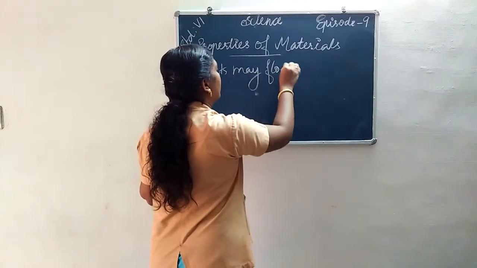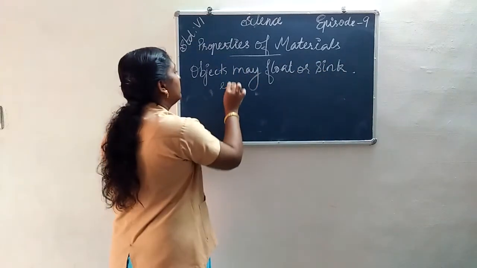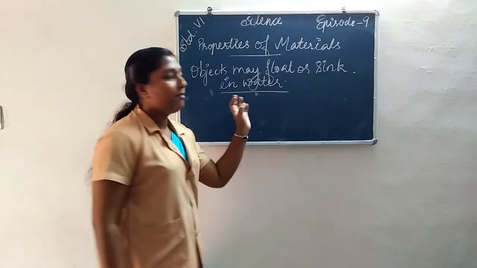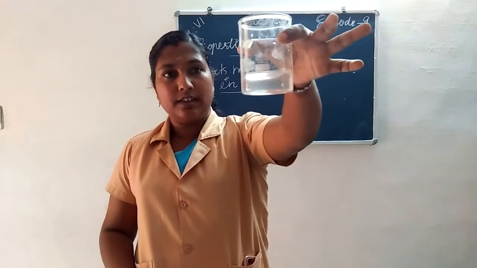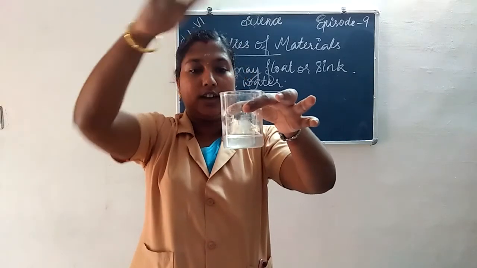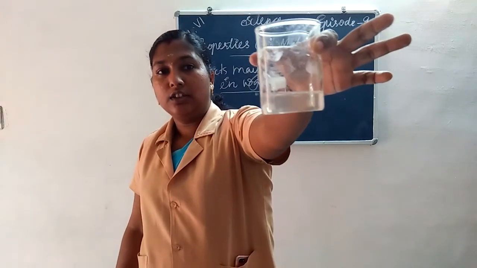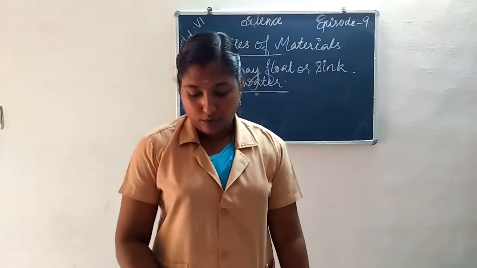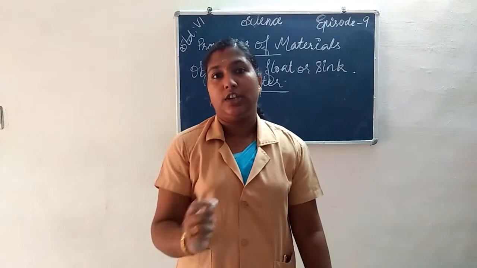Example, if I take a beaker, take some water into the beaker, then I put a chalk piece into the water. What happened? The chalk sinks in the water. Then we all know that we throw stones into the pond, into the river.